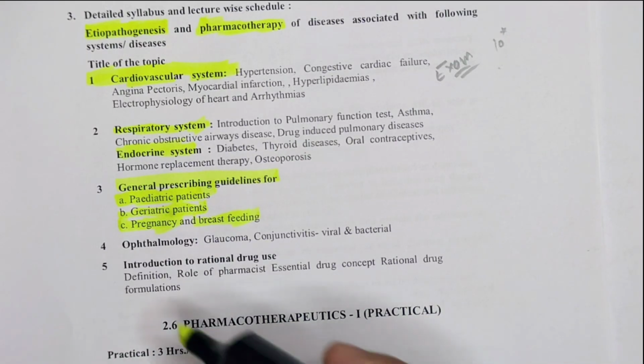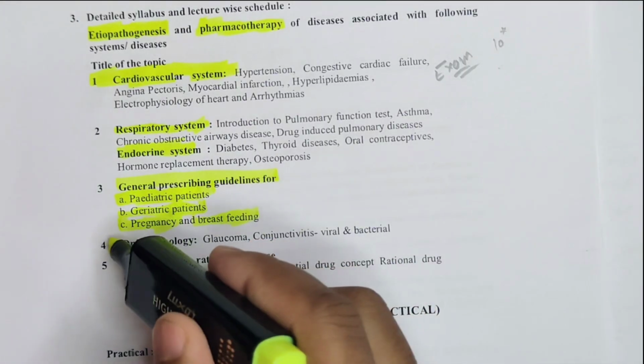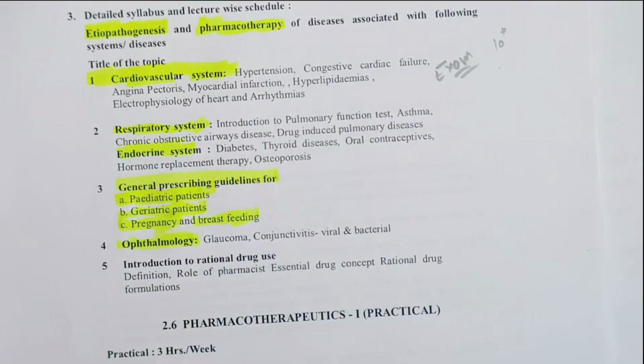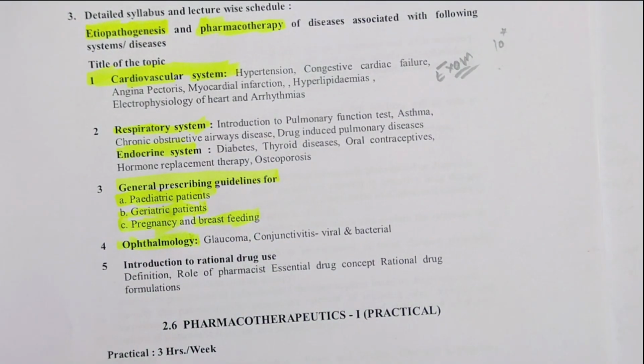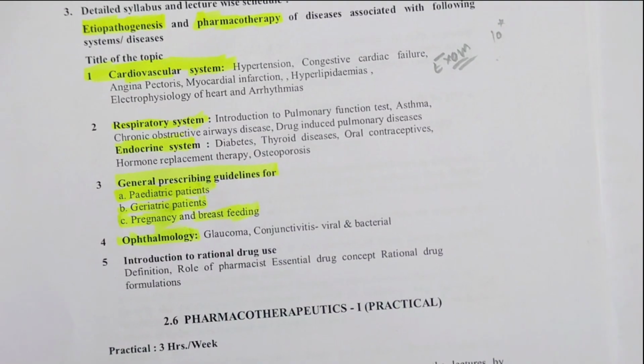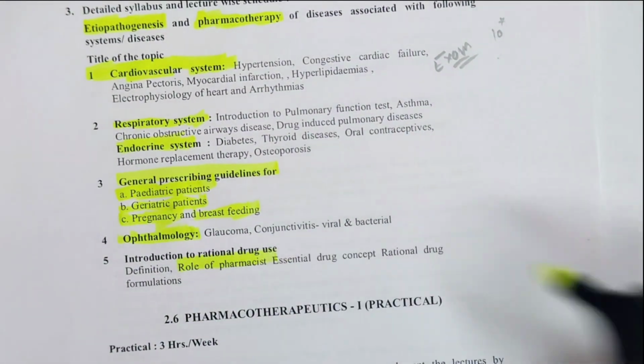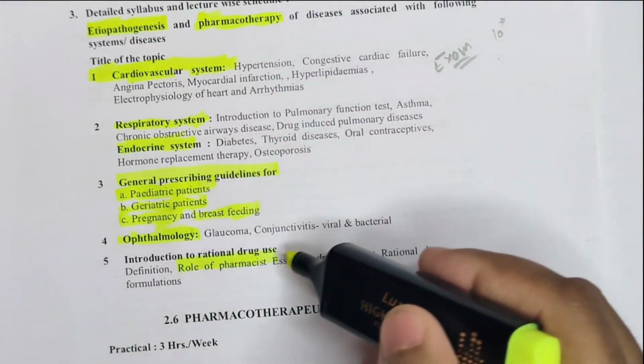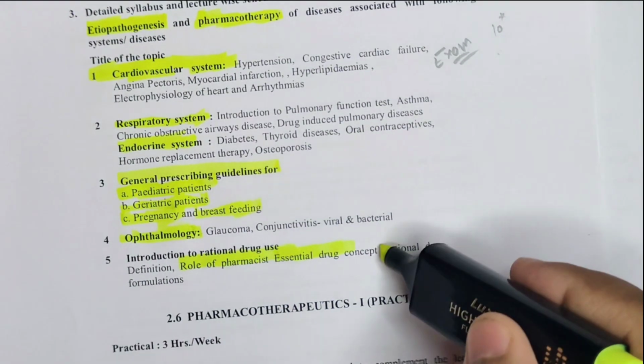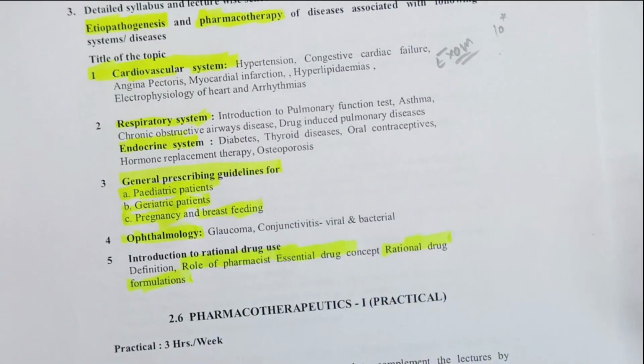After that, our another unit will focus on ophthalmological conditions like glaucoma and conjunctivitis. Then finally, we will see the concept of essential drug list, rational drug use and formulations.